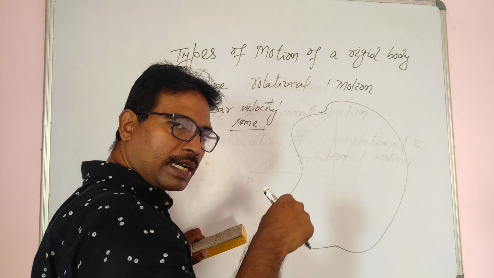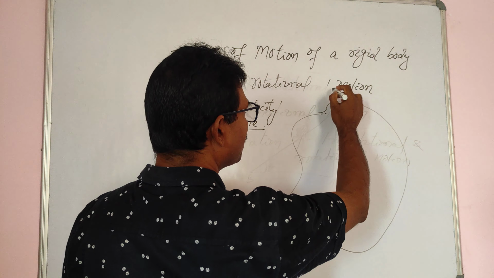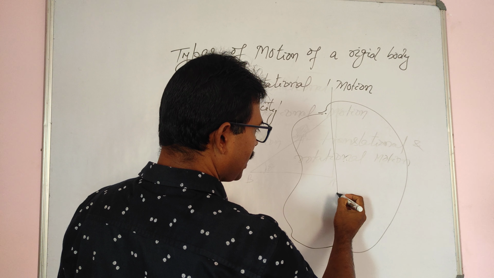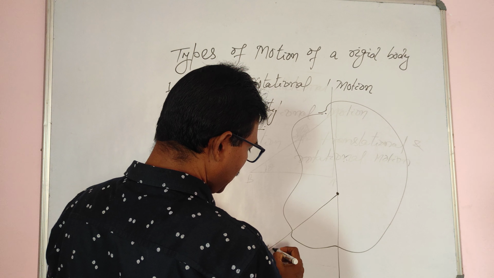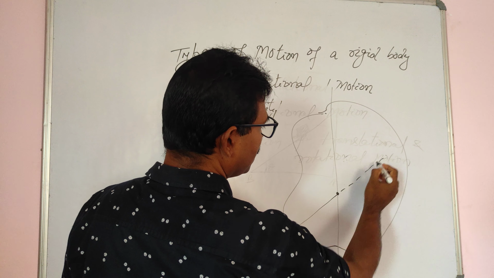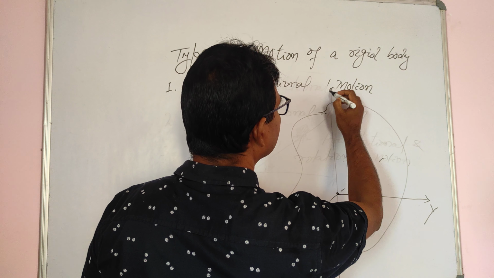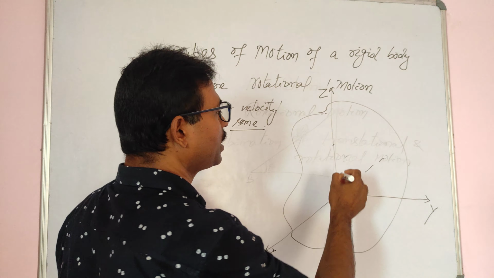The fixed axis on which the rigid body rotates is the axis of rotation. Suppose this is the center, this is the x axis, this is the y axis, this is the z axis, and you are considering that the system consists of a number of particles.